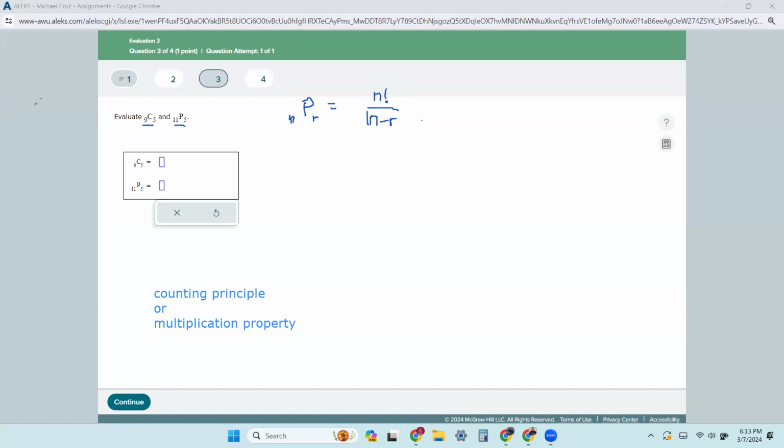Looks too crummy. So that's n factorial.